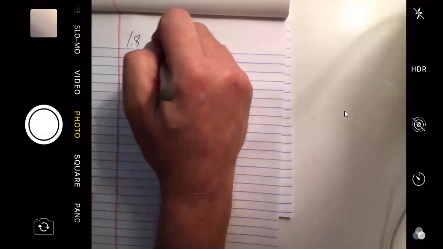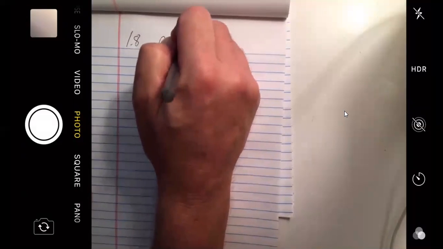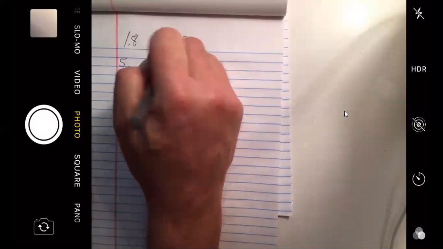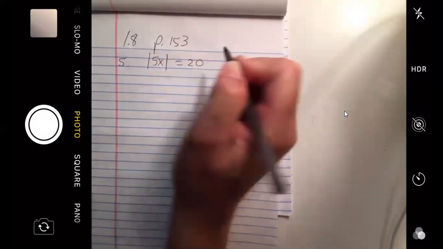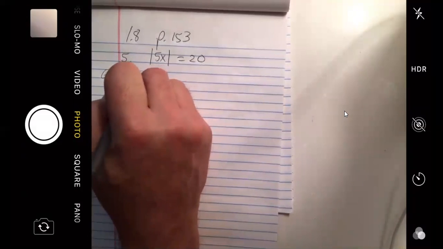Let's try one out of the book. Section 1.8, page 153. Try the first one, number 5. Absolute value of 5x equals 20. So you get 2 cases based on what I just did.